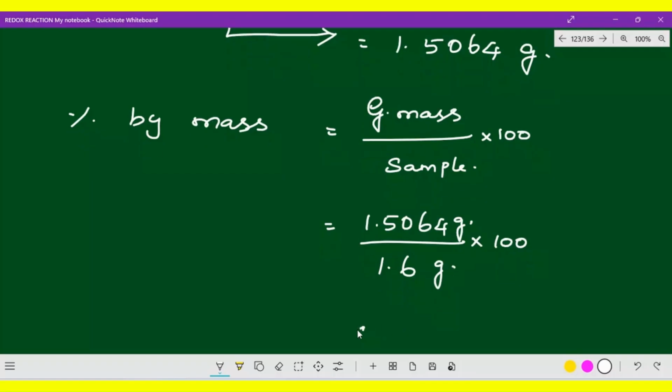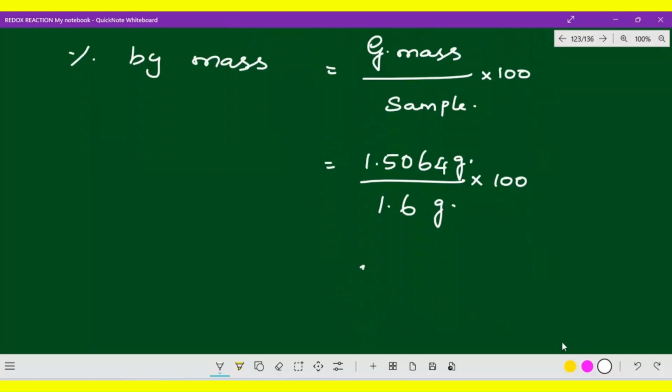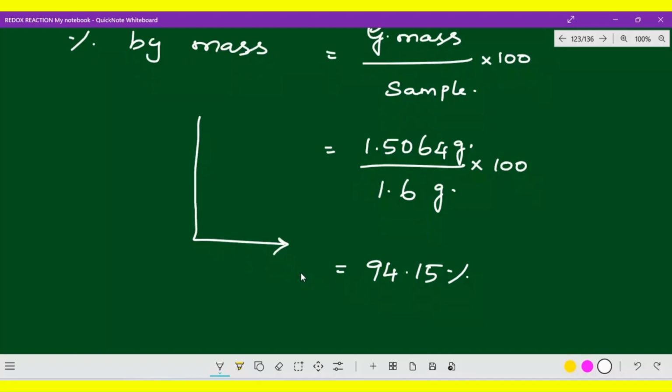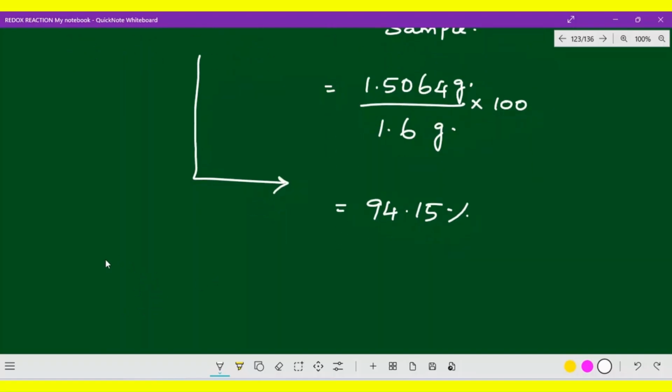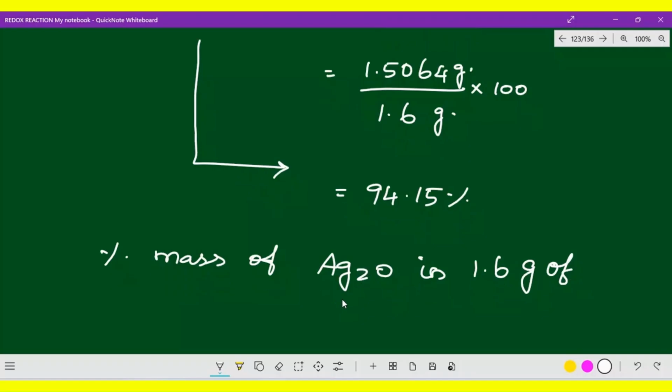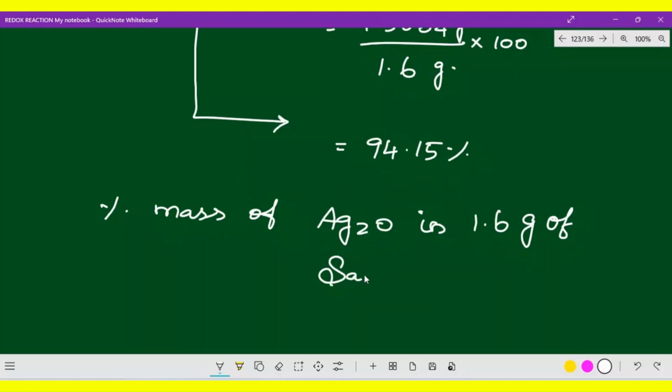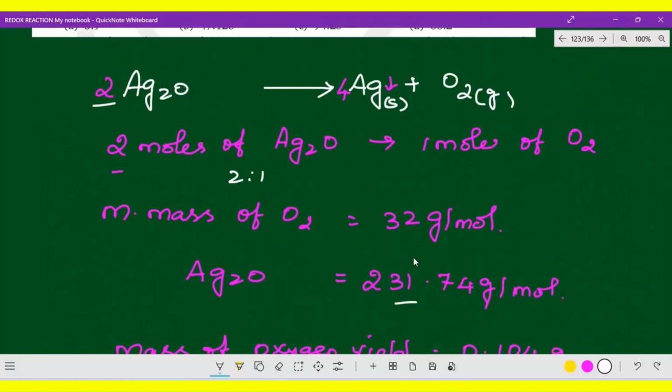So you will get around 94.15%. So the mass percentage of Ag2O in the 1.6 gram sample is 94.15%. I hope you got a complete idea about how we get this.